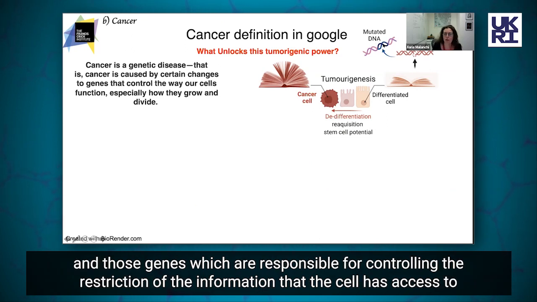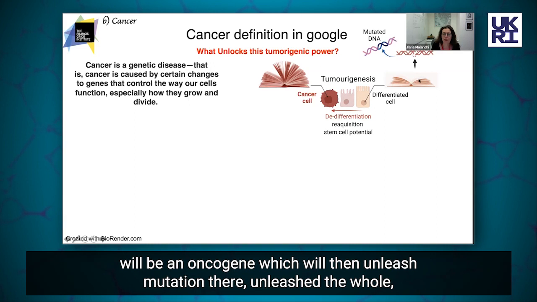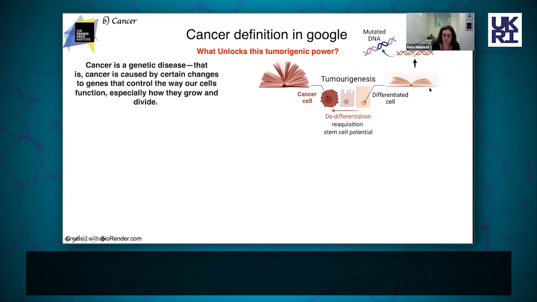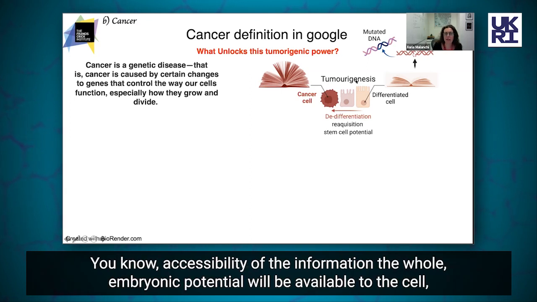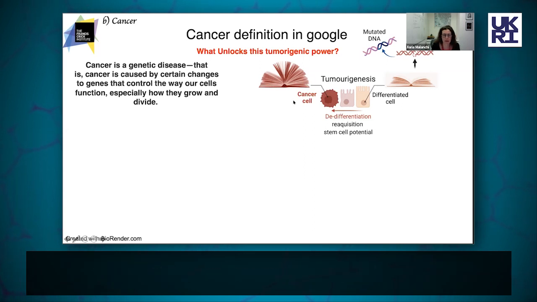And those genes which are responsible for controlling the restriction of the information that the cell has access to will become an oncogene, which then unleashes, through mutation there, the whole accessibility of the information. The whole embryonic potential will be available to this cell, which now becomes a tumor cell.